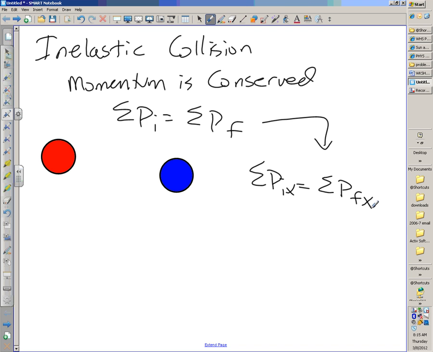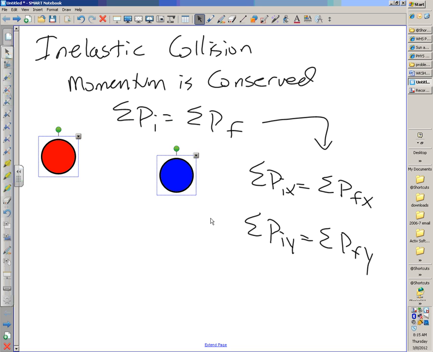Momentum is conserved on the x-axis, sigma pi on the x equals sigma pf on the x, and momentum is also conserved on the y-axis. The total initial momentum on the y-axis has to equal the total final momentum on the y-axis. Good there?